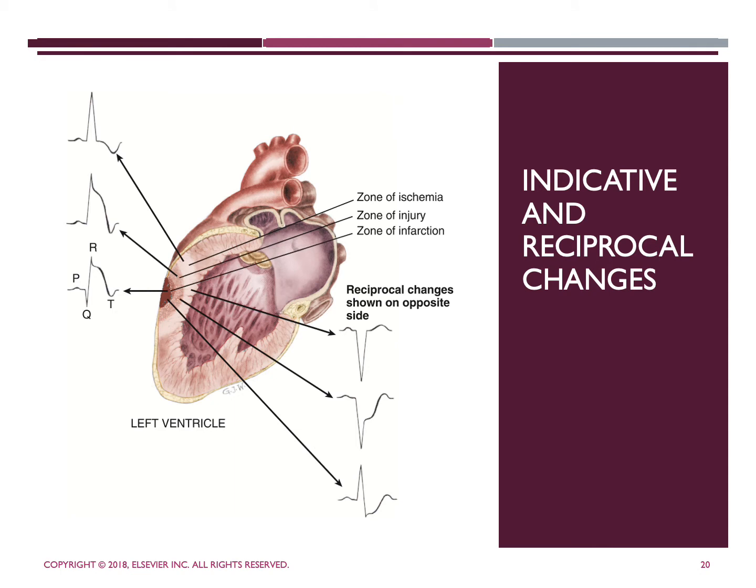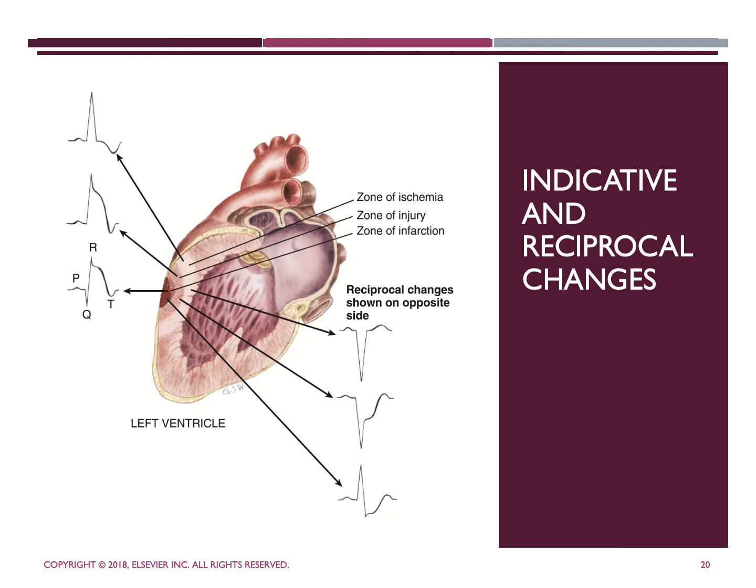What you see here in this picture are going to be zones of ischemia, injury, and infarction showing indicative electrocardiogram changes as well as reciprocal changes corresponding to each zone.